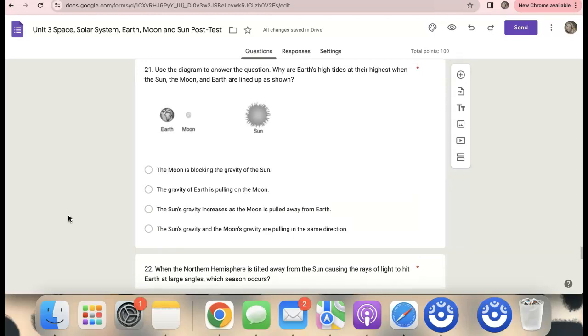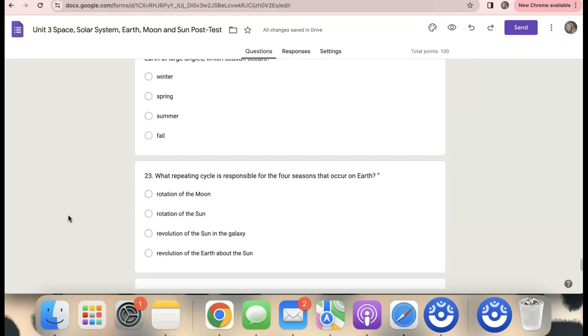Why are high tides at their highest when the Sun, the Moon, and the Earth are all lined up as shown? Is it because the Moon is blocking the gravity of the Sun, the gravity of the Earth is pulling on the Moon, the Sun's gravity increases as the Moon is being pulled away from Earth, or the Sun's gravity and the Moon's gravity are both pulling in the same direction?